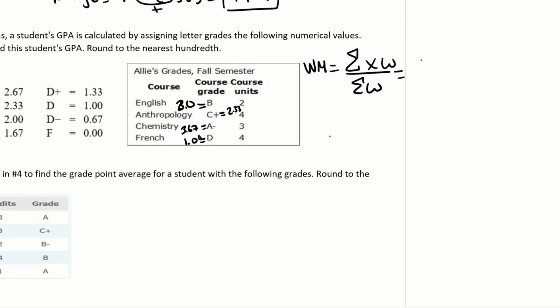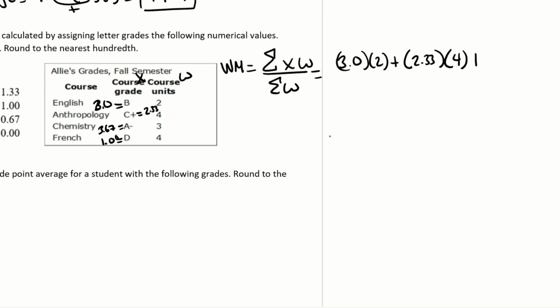So let's list them out. We have the score of 3.0 times the weight, 2 units, plus the score of 2.33 for the C plus, times the number of units, 4. So this is essentially our X, and this is essentially our weight. Plus 3.67 times 3, plus 1.00 times 4.